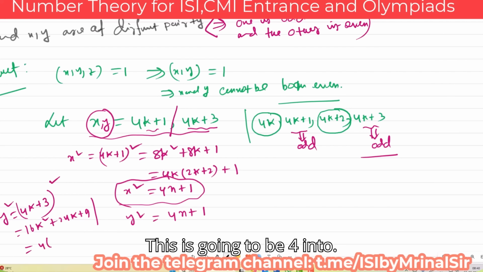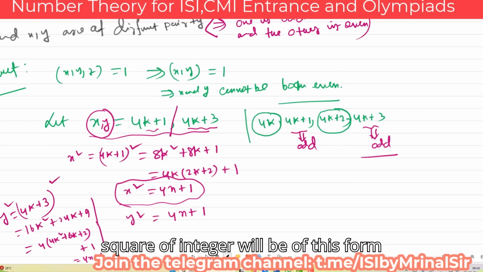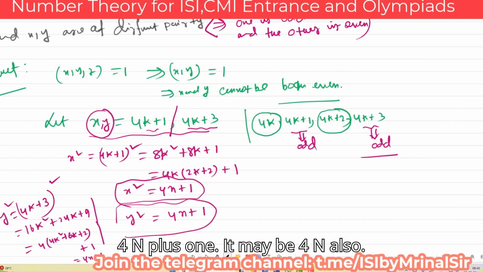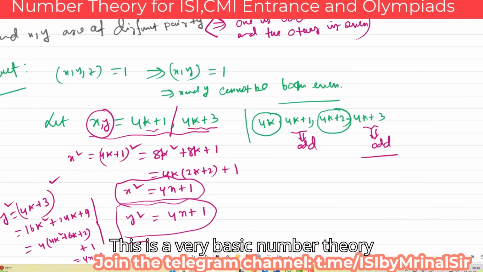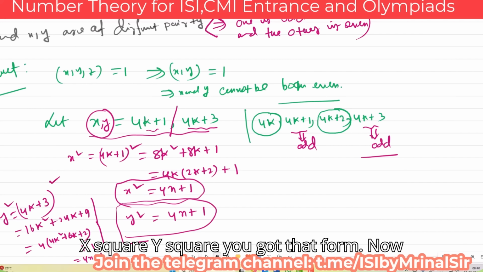This is going to be 4 into (4k square plus 6k plus 2) plus 1. This is of what form? 4n plus 1. Agree? Now, square of an integer will be of this form, 4n plus 1, or it may be 4n also. This is a very basic number theory concept. Square of an integer may be of 4n or 4n plus 1 form. So x square, y square, you got that form.